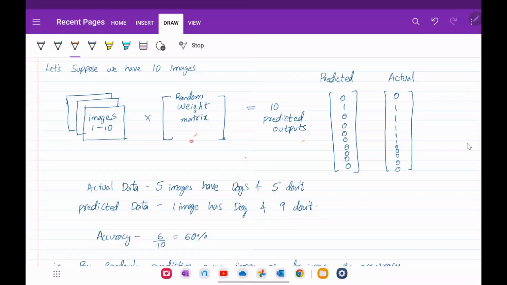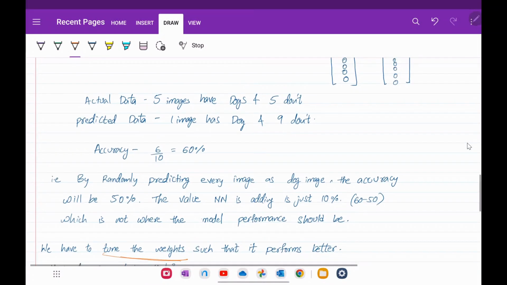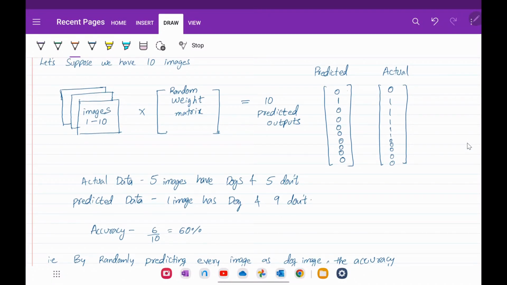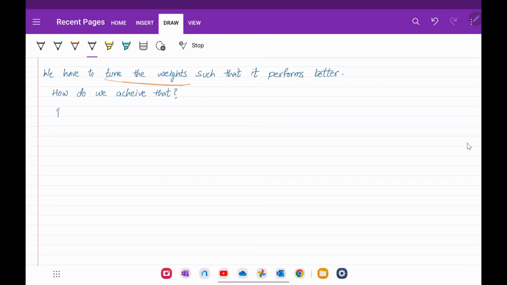That is the process. We call it training, or backpropagation, or epochs or iterations. So basically, we want to learn a systematic methodology in which we can change these weights so that our predictor gets closer to actual. And there's this amazing concept known as backpropagation.